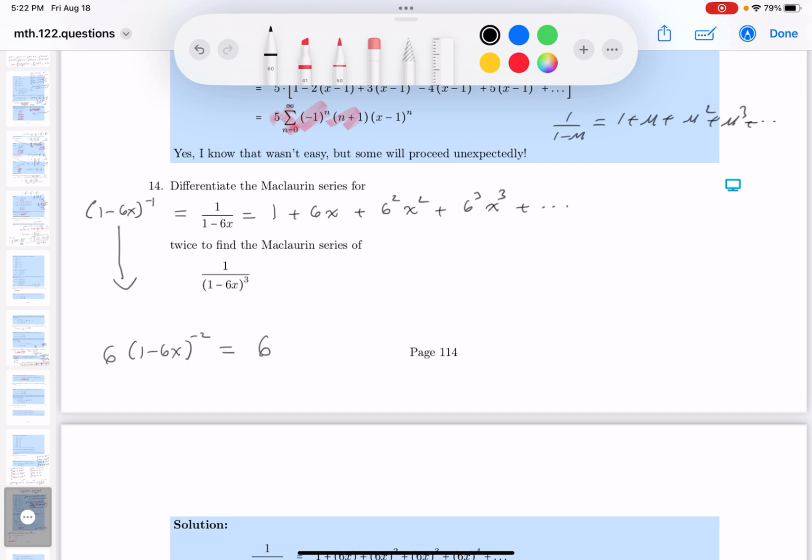You get 6, right? Plus 2 times 6 squared x plus 3 times 6 cubed x squared. I think I'm going to write the next term down for you.